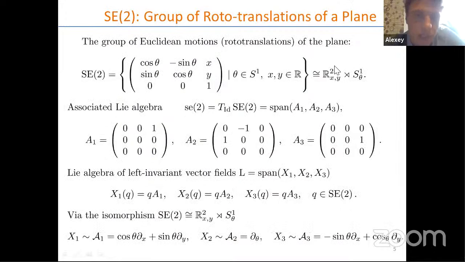Just briefly recall that the SE2 group can be represented by the following 3x3 matrices, where x, y represents the point on the retina, the point on the plane, and theta is the orientation. So SE2 is a semi-direct product of R2 and S1.